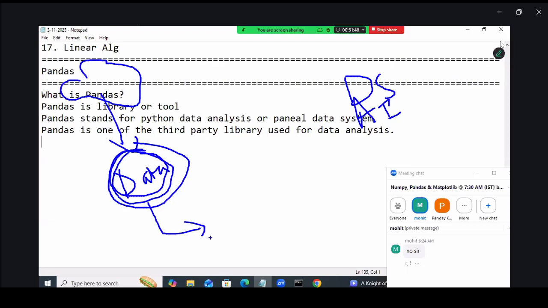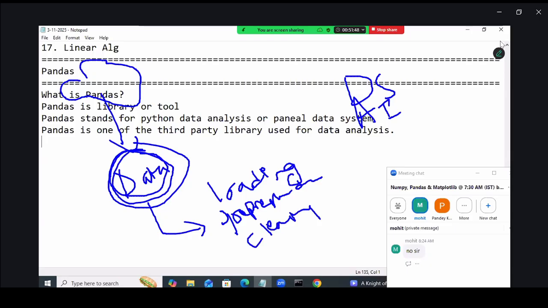After getting the data, they load the data, then pre-process and clean the data. All these things are done by a data analyst or business analyst.